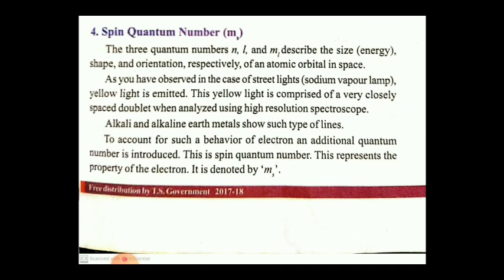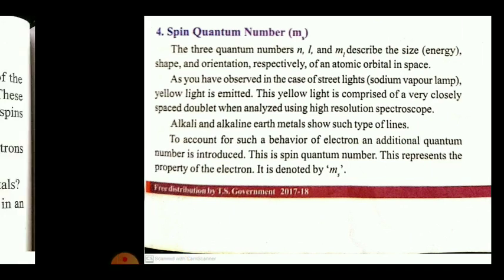The close wavelengths are due to the spin of the electron in the orbital. This represents a property of the electron. The spin quantum number is denoted by ms. It explains the spin of an electron in the orbital.